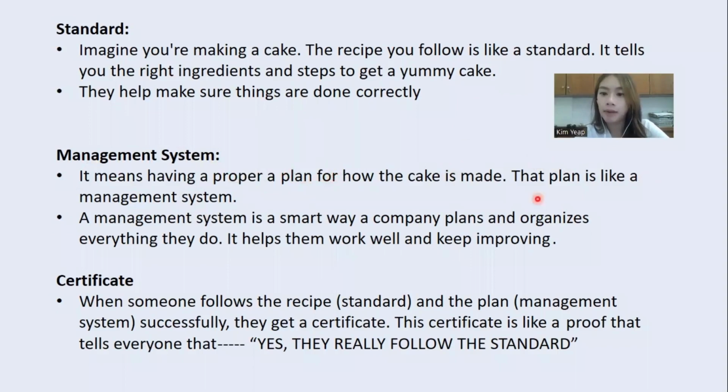So the plan is like a management system. If we were to apply this to a company, a management system is a smart way in which a company plans and organizes everything they do. By having a proper plan, it helps them to work well and keep improving.